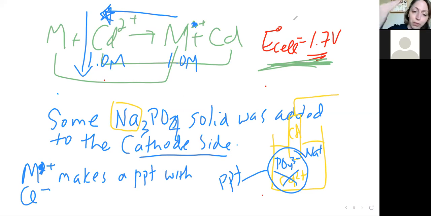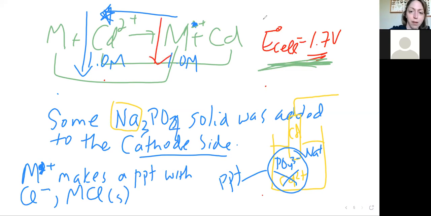So M+ makes a precipitate with Cl-, like Ag+ would. Then you would make this solid, and that would be a way of lowering the M+, and that would shift the reaction forward. So instead of an E cell of 1.7, it might be 1.8, might be 1.9. Le Chatelier's principle says that if you remove a product, that would cause the equilibrium to shift forward.